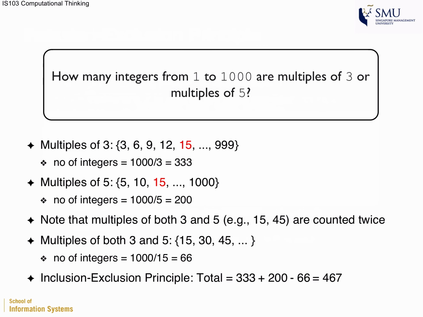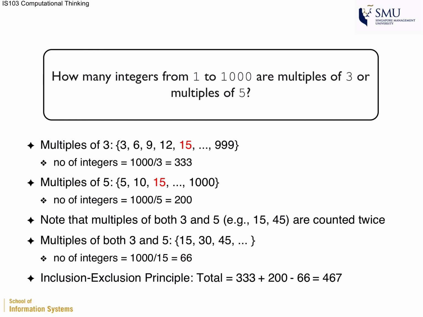If you're looking at the number of multiples of 3 from 1 to 1000, then we can just divide 1000 by 3. So we're going to have 333 integers. Now, again, we can do something similar for multiples of 5: 5, 10, 15, and so on till 1000. How many such integers are there? It will be 1000 divided by 5, which equals 200.